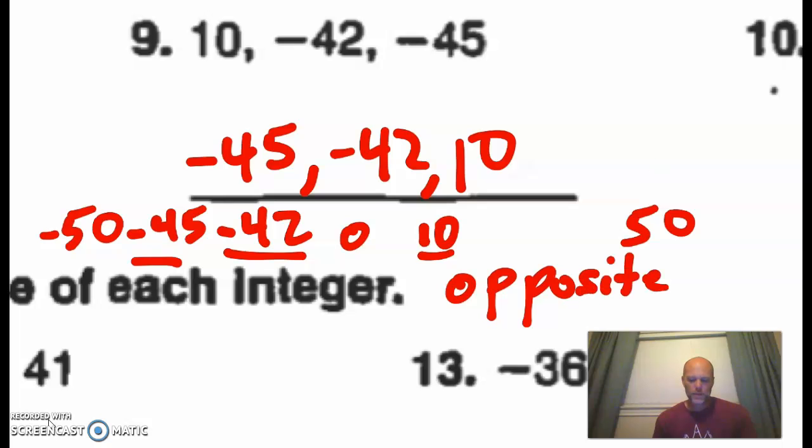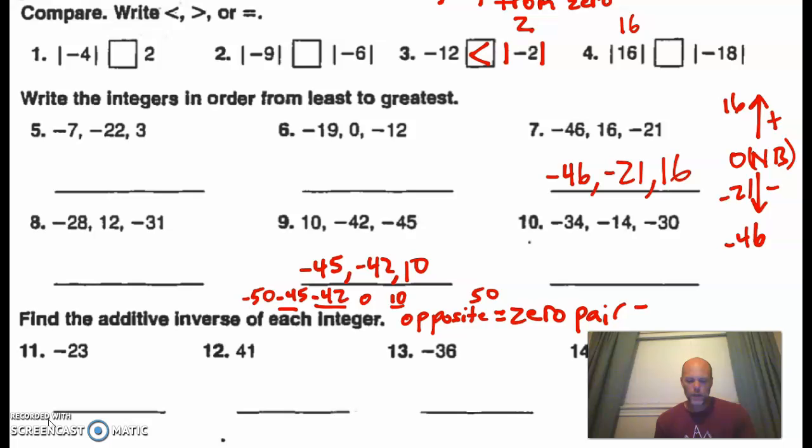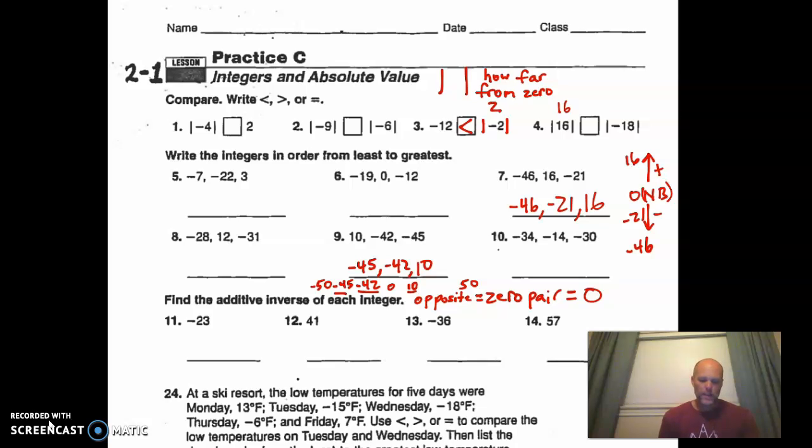Because if we have a zero pair, and guess what they equal when you combine zero pairs? Yeah, 0. That's right.